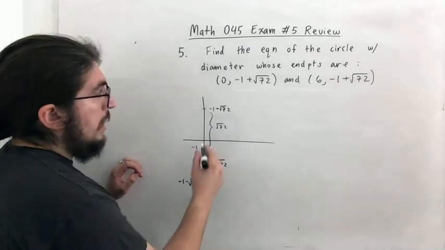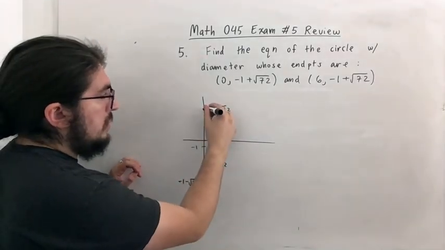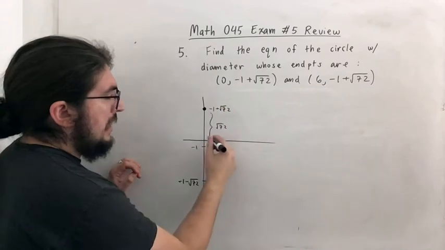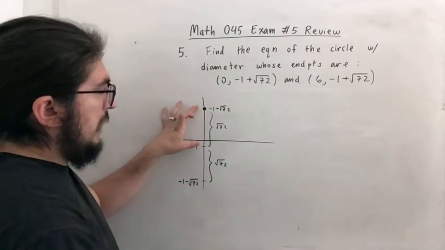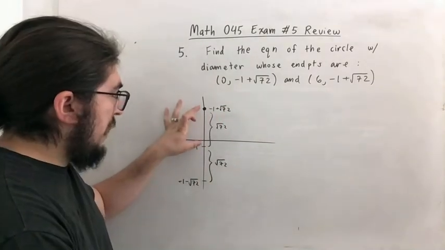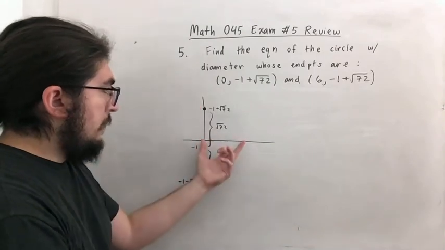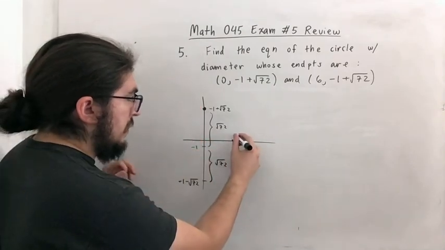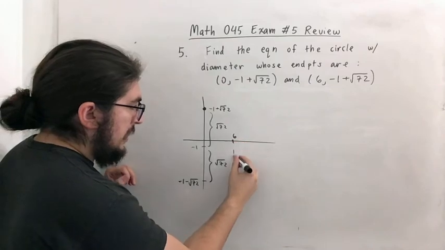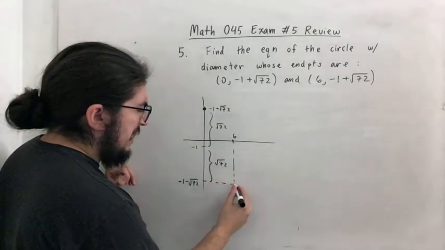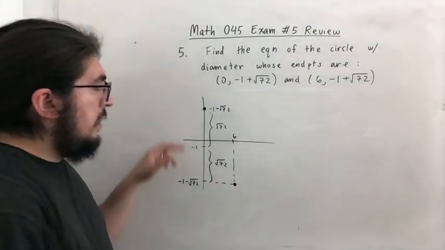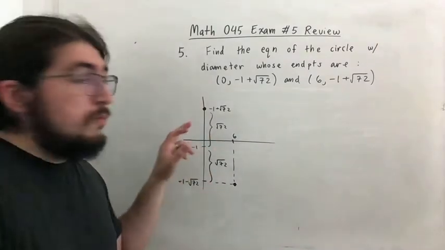Okay, now 0, negative 1 plus radical 72 is up here, and 6, so we agree this is like 8 point something. To be somewhat to scale, a little less would be maybe 6, let's say. So 6, the lower one is down here. Perfect. So it looks like the center passes through these 2 points.